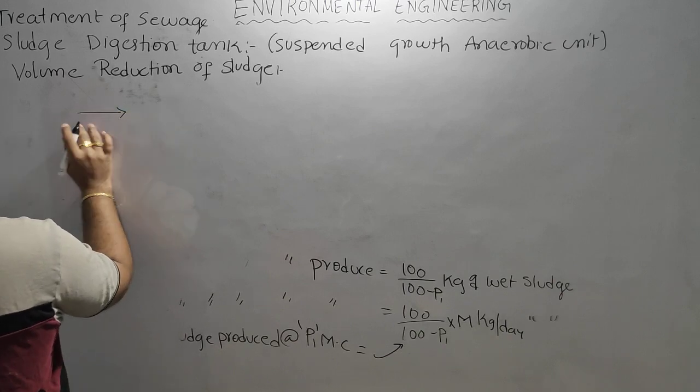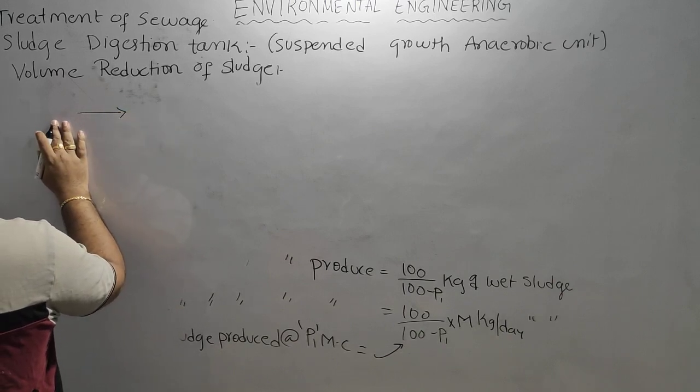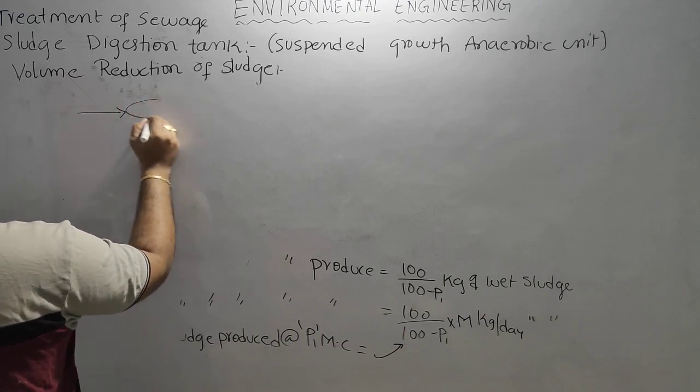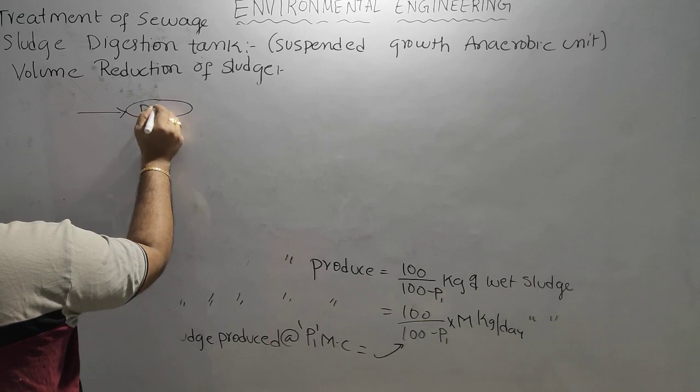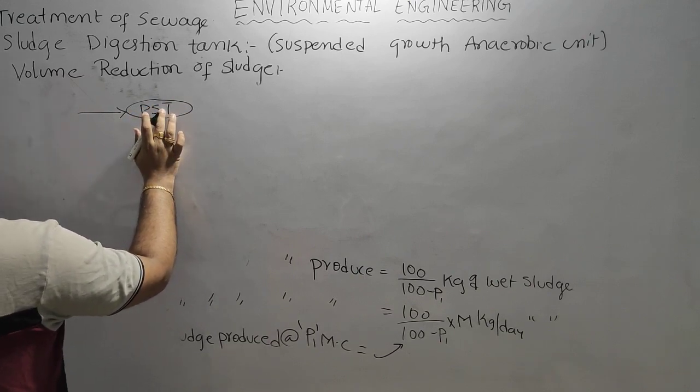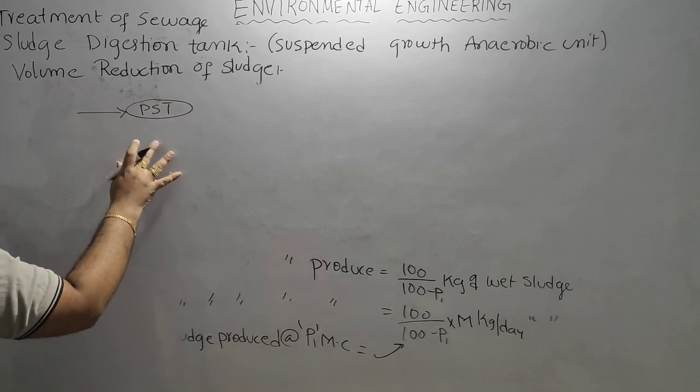From the screening grid chamber and the skimming tank, the influent is entering into where? The primary sedimentation tank. This primary sedimentation tank will have some efficiency of removal.